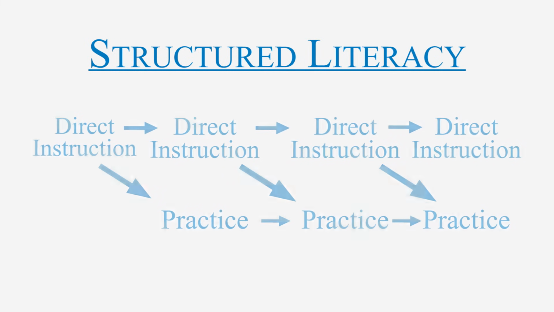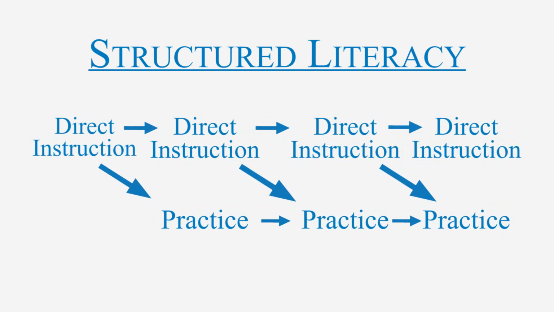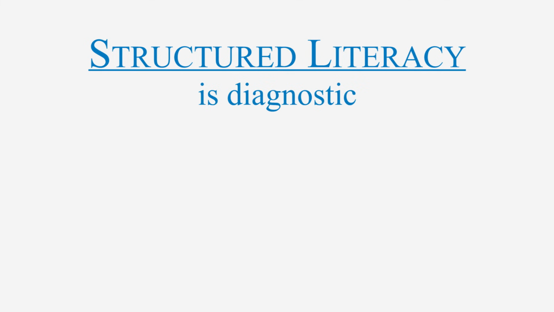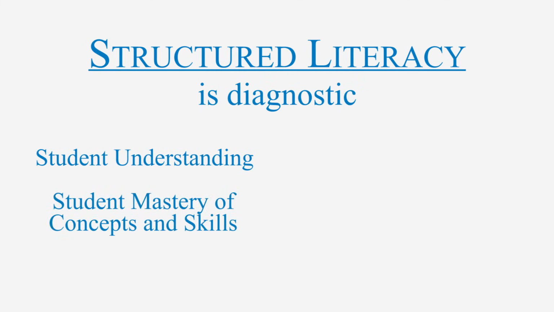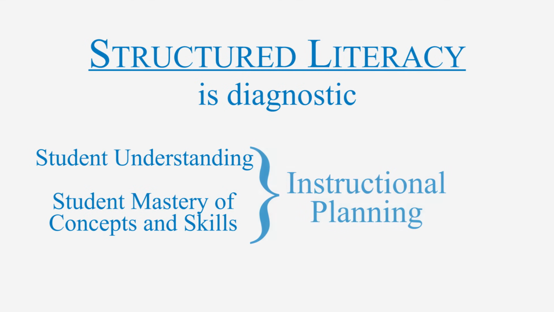The instruction builds in a cumulative fashion, and opportunities to practice previously taught concepts are provided over time. The instruction is also provided in a diagnostic manner. Information about a student's understanding and mastery of concepts and skills is used to inform how a teacher plans instruction in a thoughtful manner to help a child to secure their understanding and skills.